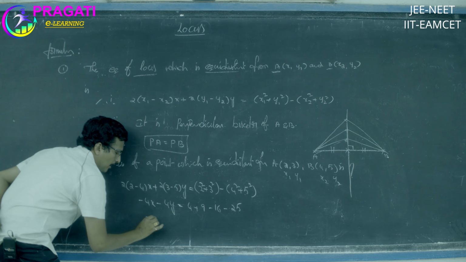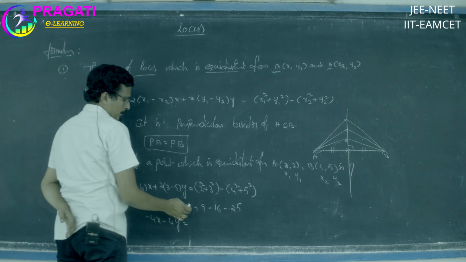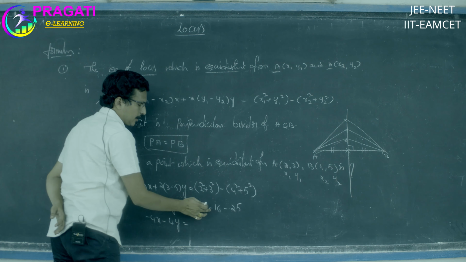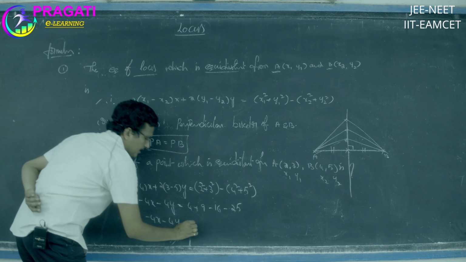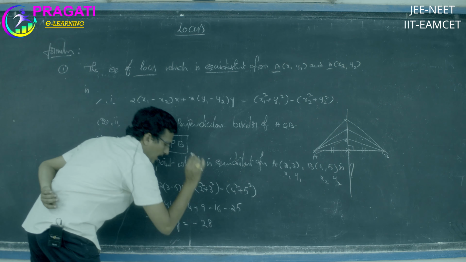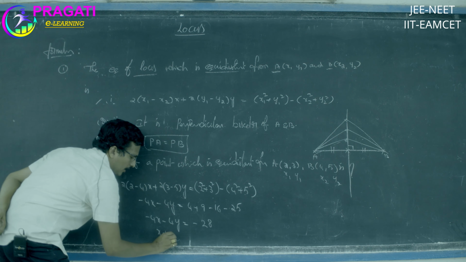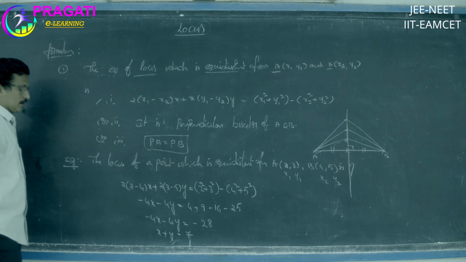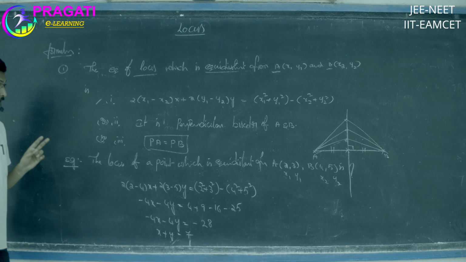Here minus 4x minus 4y is equal to 4 plus 9, 13, 13 minus 16 minus 25, that is minus 28. Dividing with minus 4, x plus y is equal to 7. It is the equation of locus.